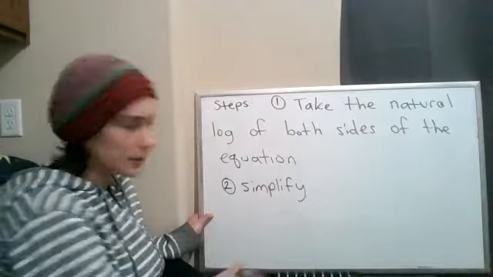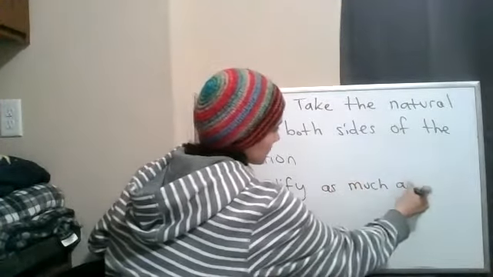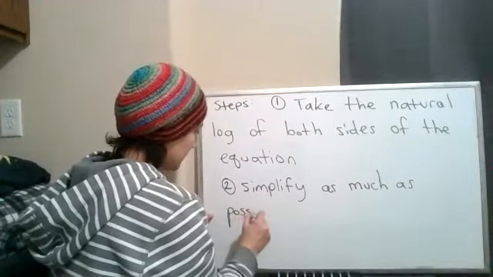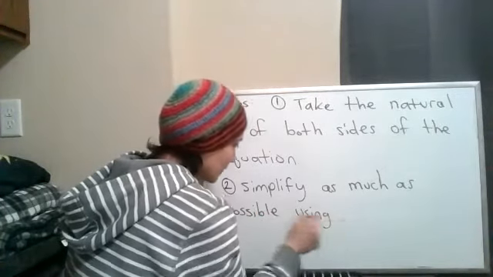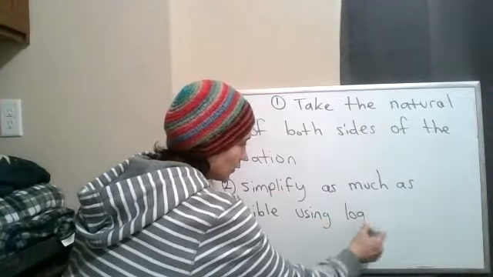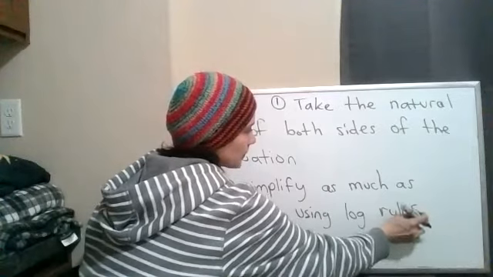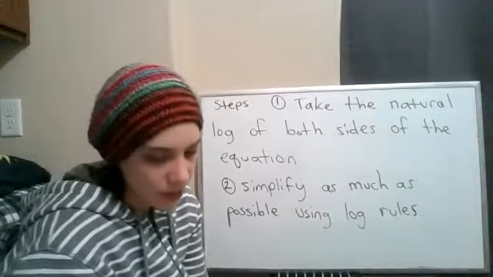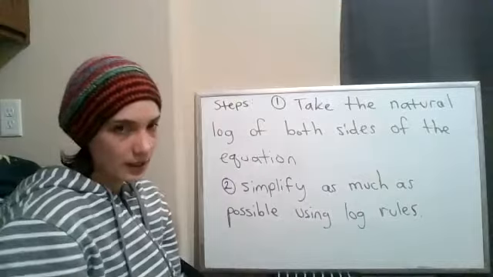Simplify as much as possible. Log. Then we're going to find the derivative, but take the derivative implicitly.